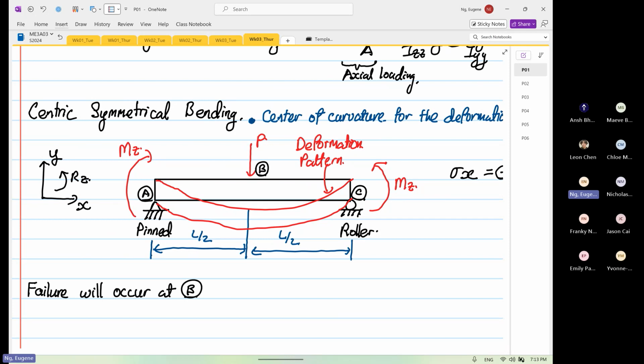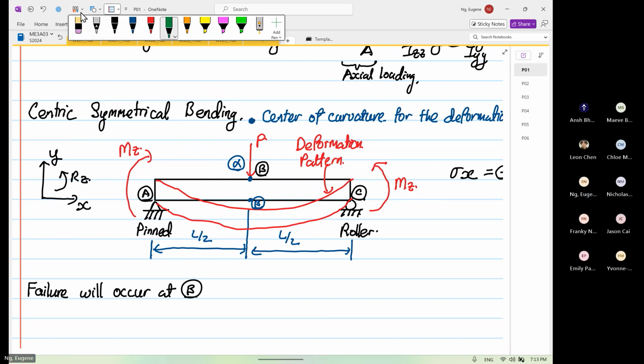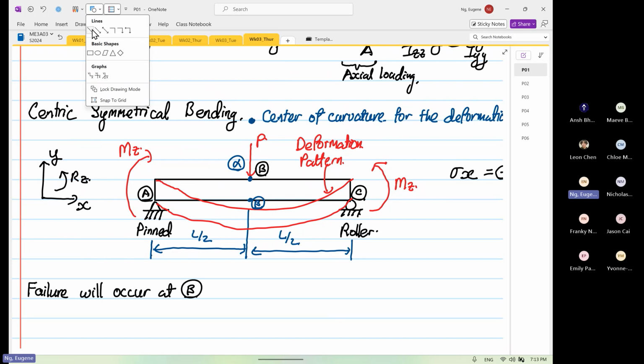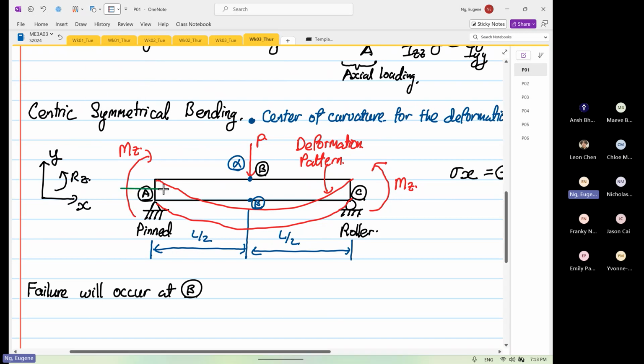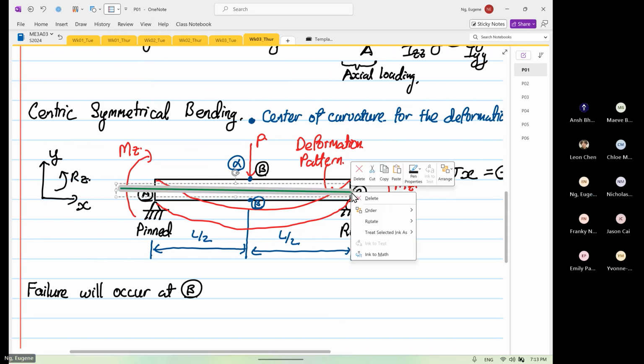And at point B, I'm going to introduce two more points. The top over here, I call point alpha. Over here, I call point beta. That's our point alpha and point beta. And then I'm going to sketch a green line, and you all should know what this green line is all about.